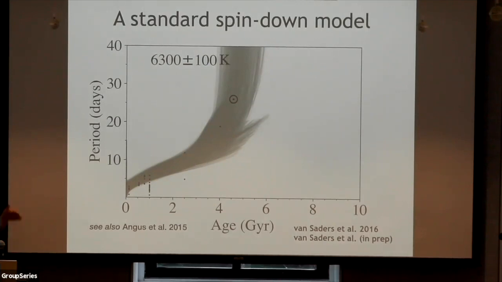This is the period-age relationship in a slice of effective temperature, which is a slice in mass. We're going to sweep from higher mass stars to lower mass stars. The points are clusters, so now there are vertical lines of stars in a cluster, and the gray background lines are models. You should be comparing how well those points sit against the models.